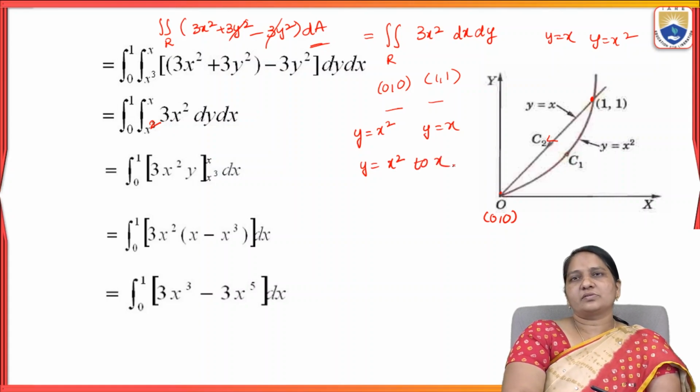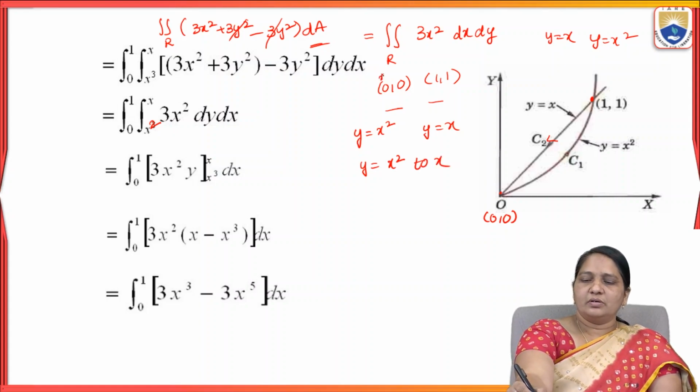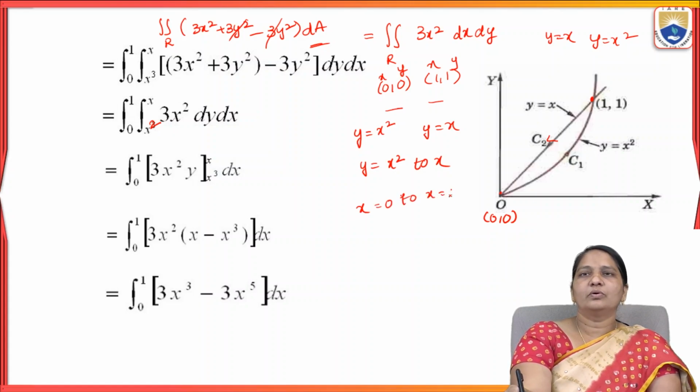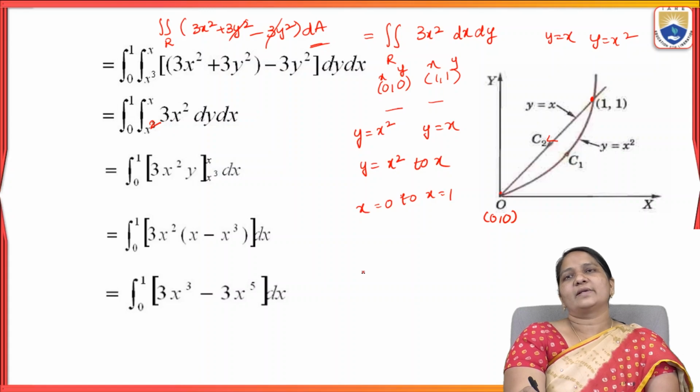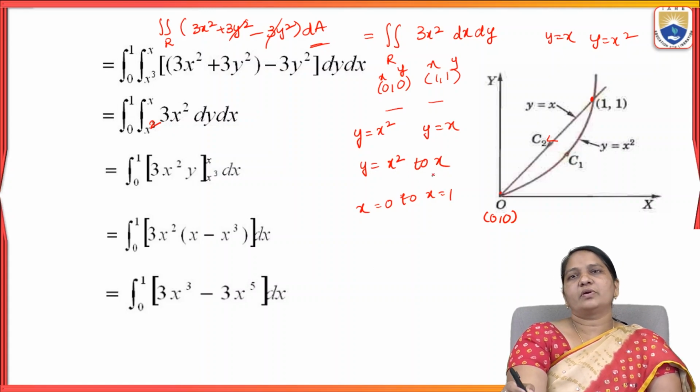Here we know the points, so the x limits are 0 to 1. So y equals x² to y equals x, and the x limits are 0 to 1.